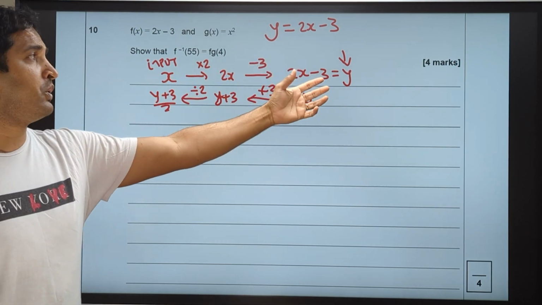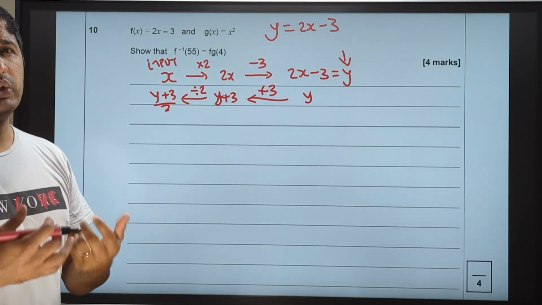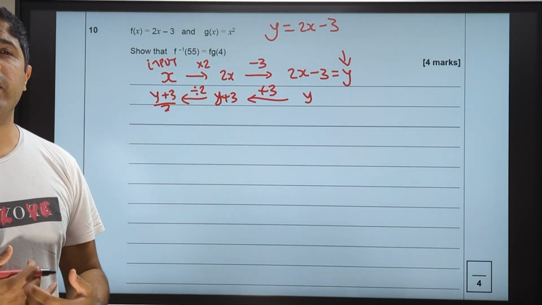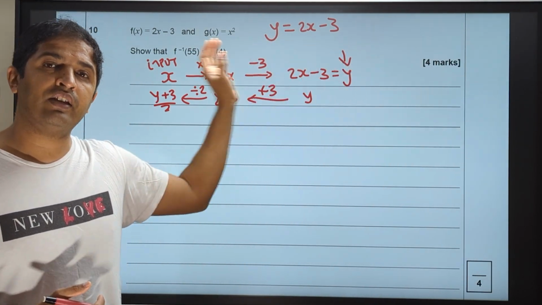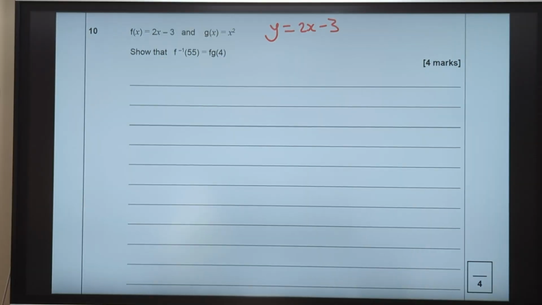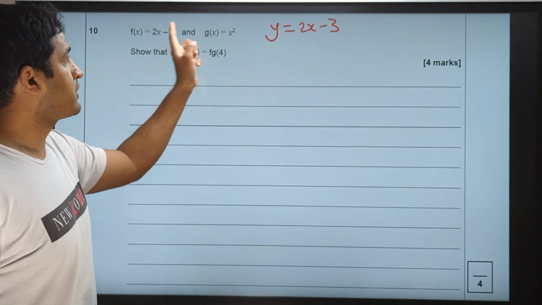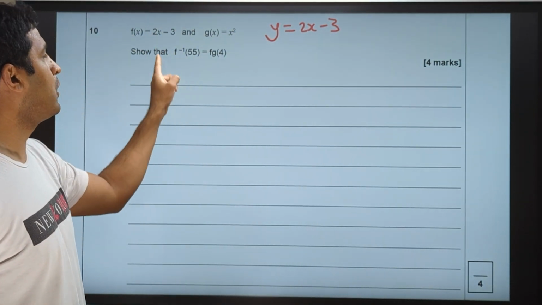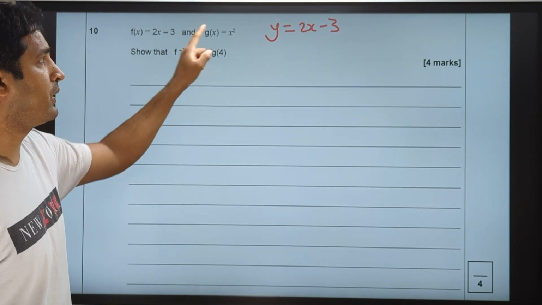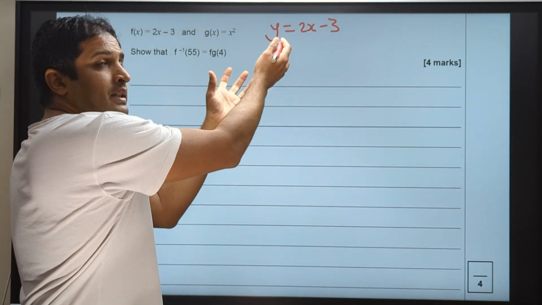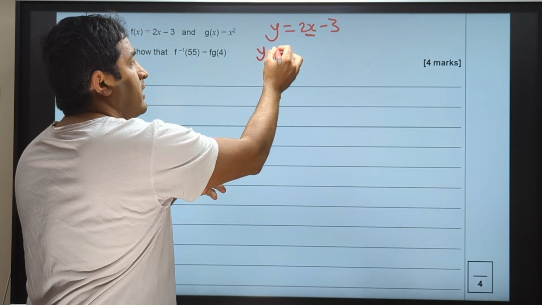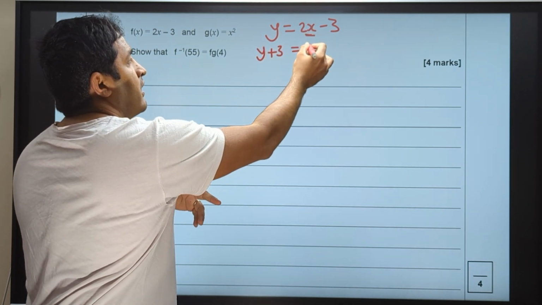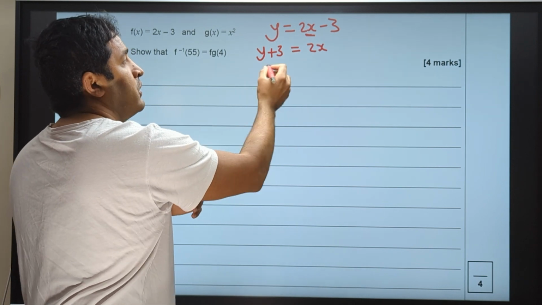So instead of using y, we're going to use x, because we're saying it's the inverse function. This is our input value, but on this end rather than on this end. So the first thing we're going to do is rewrite that function and find the inverse function, so we know what f inverse would look like. So basically making x the subject. Add 3 on both sides and then divide by 2.